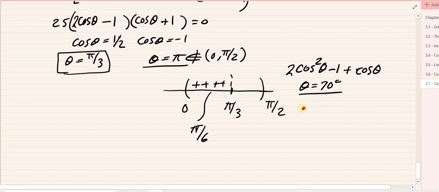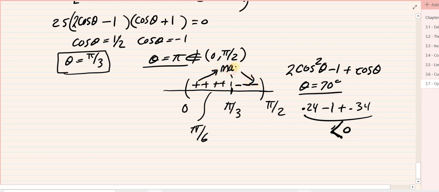This is going to be 0.24 minus 1 plus cosine of 70 degrees again is going to be 0.34. So this is going to be negative, right? Less than 0. So that means this is negative. Okay. Increase, decrease, so we have a max here.